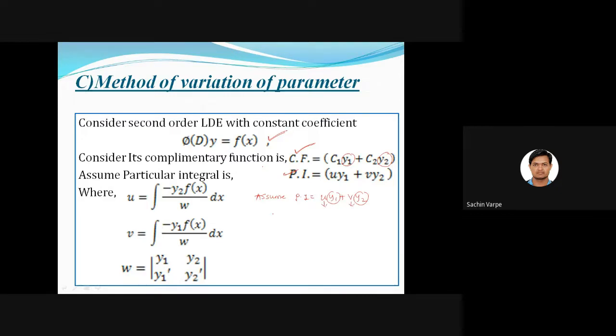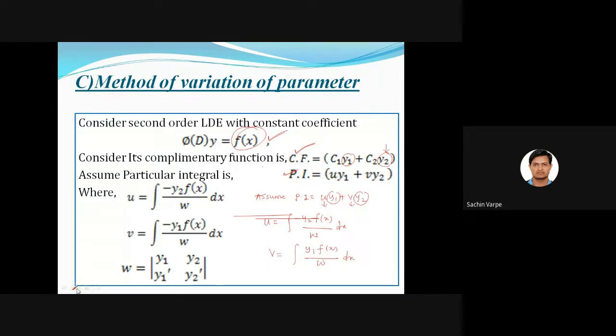So the formulas for u will be integration of minus y2, this y2, into the right hand side function f of x upon Wronskian with respect to x, and v will be integration of y1 into the right hand side function upon Wronskian dx.